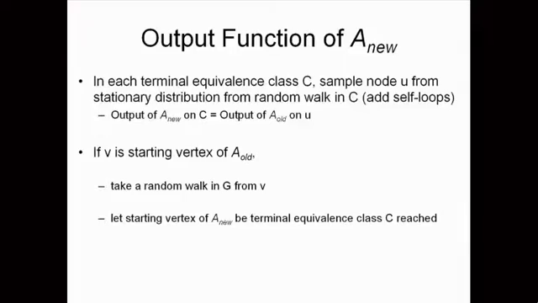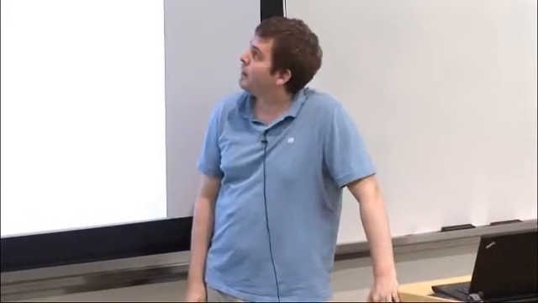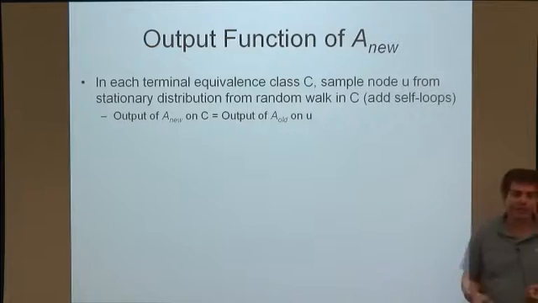Now we want to define the output function of this new automaton. So what are we going to do? In each terminal equivalence class C, we're going to sample a node U from the stationary distribution from a random walk inside of this terminal equivalence class. Okay, so it's strongly connected.